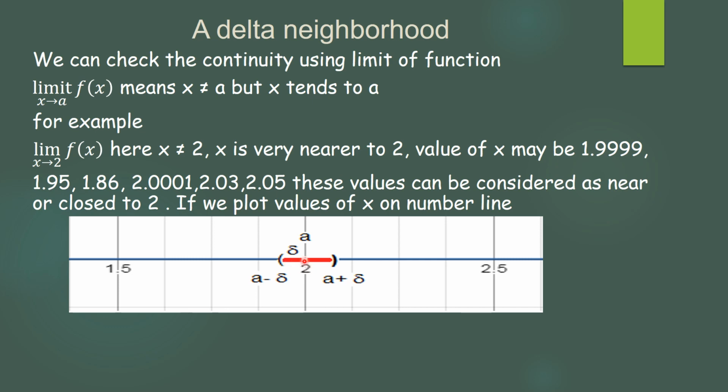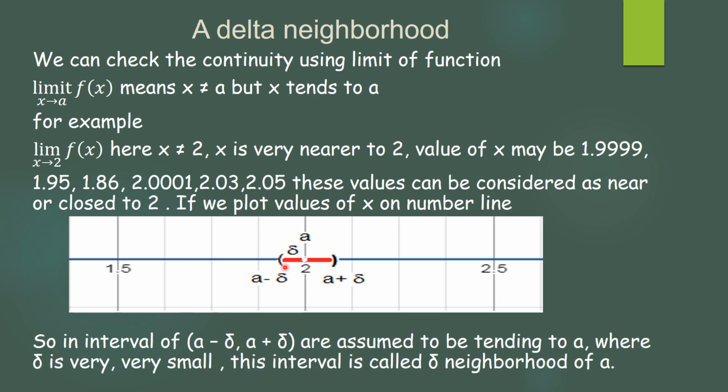But here we have not kept the red color at the exact point 2, because we cannot take the value x equal to 2. This distance is called delta, which should be very small compared to the value of a.